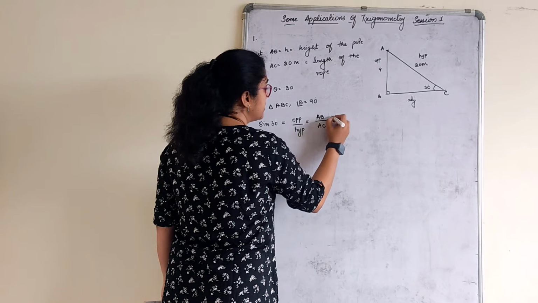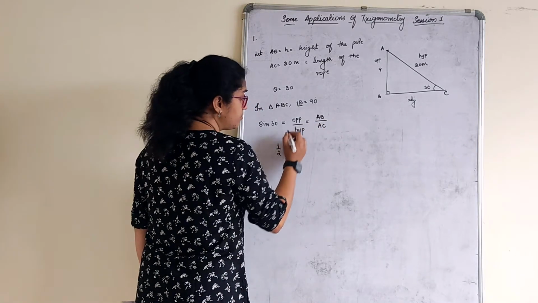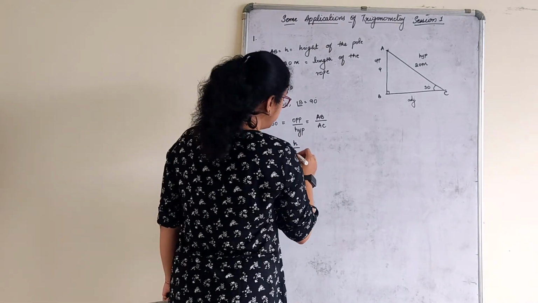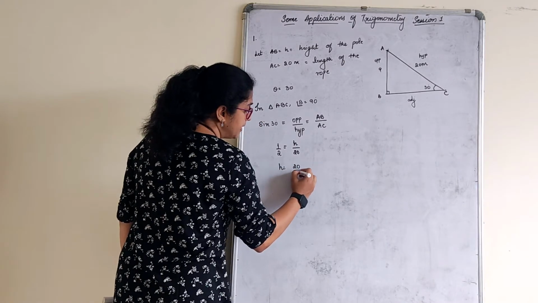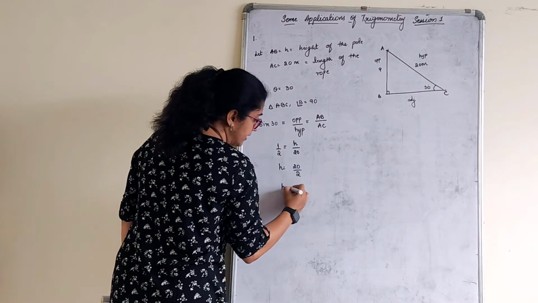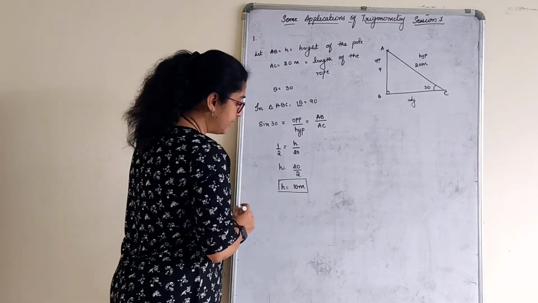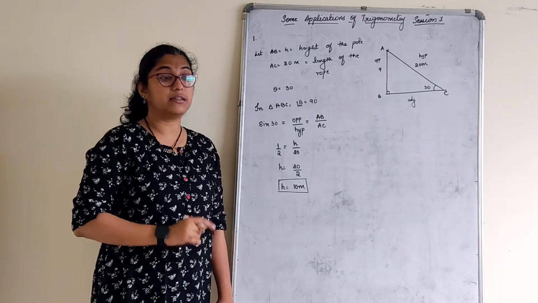AB upon AC. What is sine 30? 1 by 2. Opposite AB is H divided by 2. So H is equal to 20 by 2. Height is equal to 10 meter. It's a verbal sum. Therefore, the height of the pole is 10 meter.